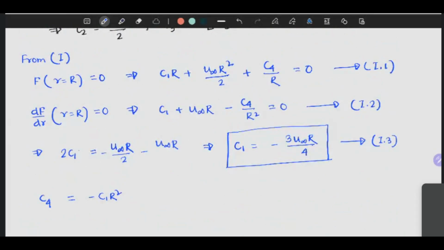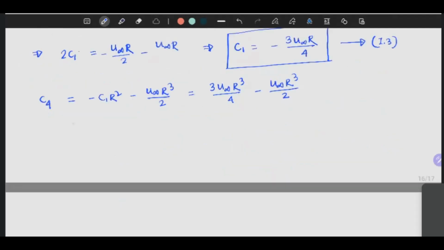If you substitute this value, C4 is minus C1 R square plus, or minus rather, U infinity R cube by 2, that makes it 3 U infinity R cube by 4 minus U infinity R cube by 2. So C4 becomes U infinity R cube by 4.